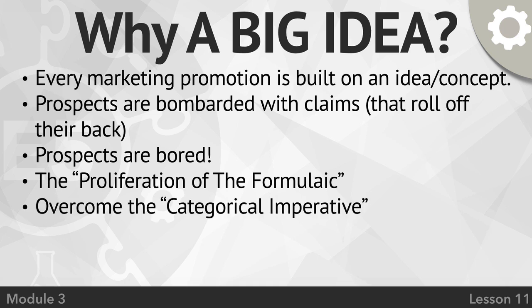Which leads me to the next reason behind the big idea, and that is overcoming something called the categorical imperative. The categorical imperative is really this principle that says that individuals see patterns. They identify patterns of information based on what it is that they've seen before, and based on that pattern they've seen before, they automatically categorize information.